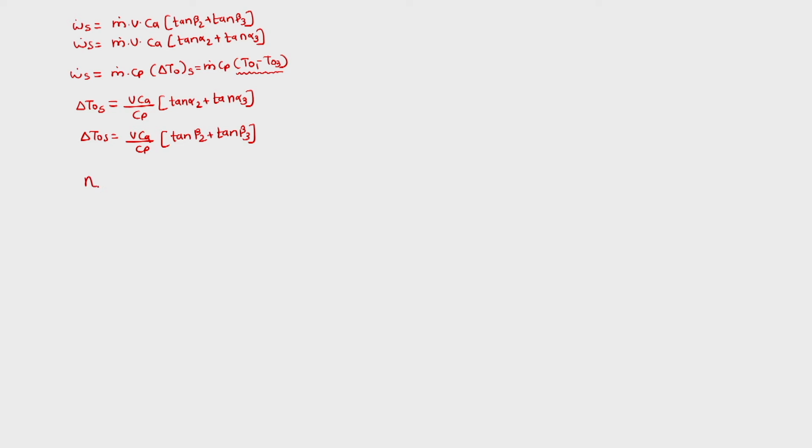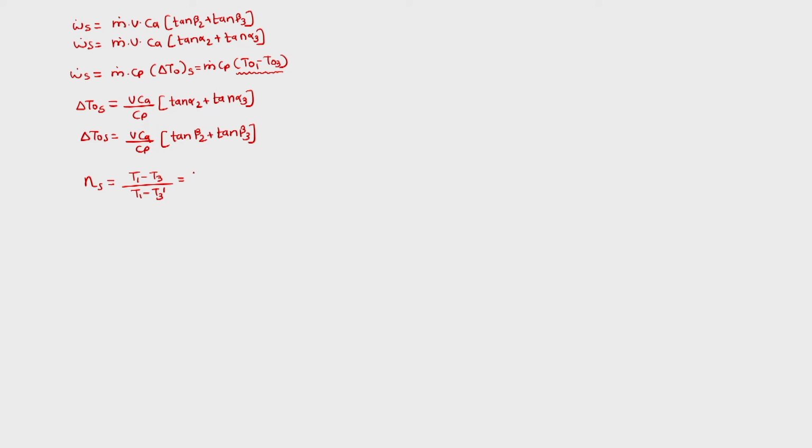Now we know stage efficiency or isentropic efficiency of turbine, we can write it in terms of work, which is actual work divided by ideal work. So actual work is T1 minus T3 divided by T1 minus T3 dash.